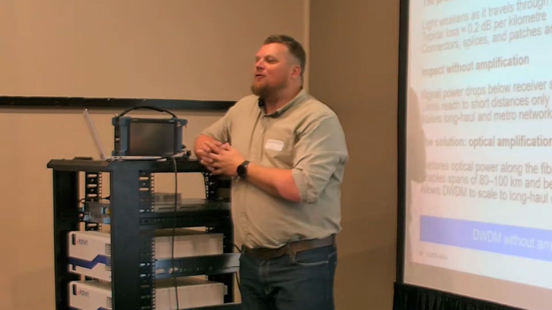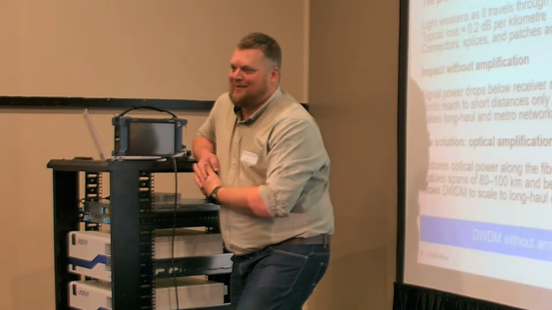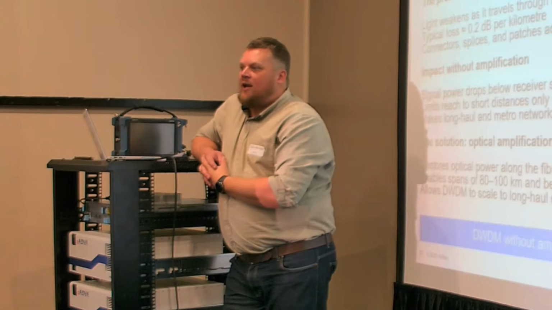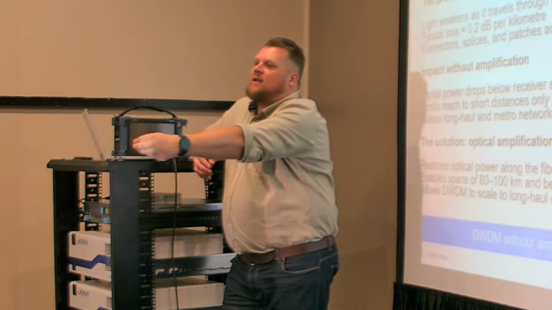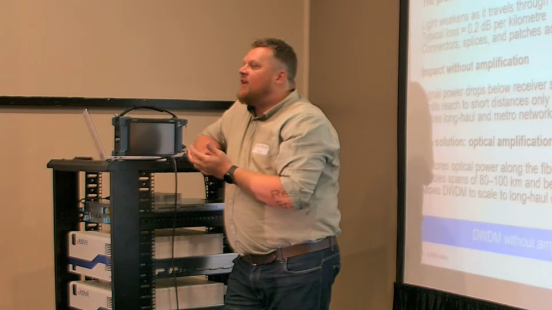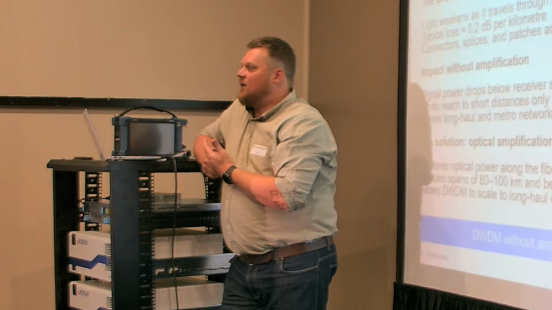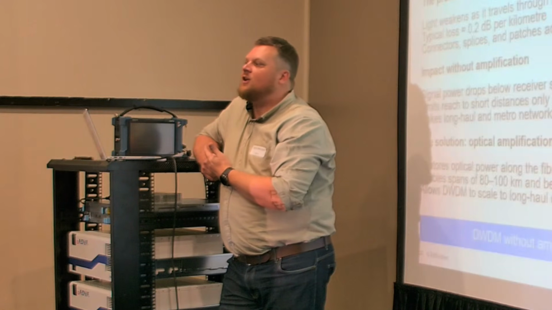That said, very few fibers in the metros at this stage are at 0.25 dB per kilometer. It's much worse than that. And when you start talking about WDM, the power loss that's introduced is every connector you go through is a loss. Every component you go through, except for an amplifier, is a loss.